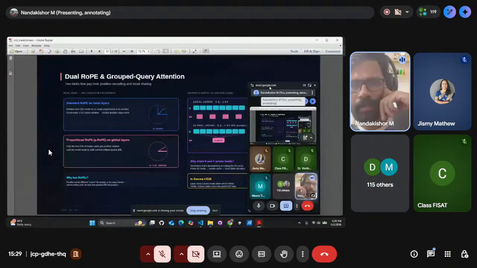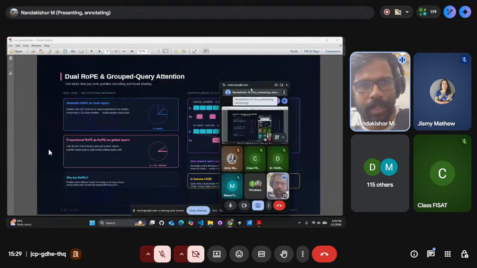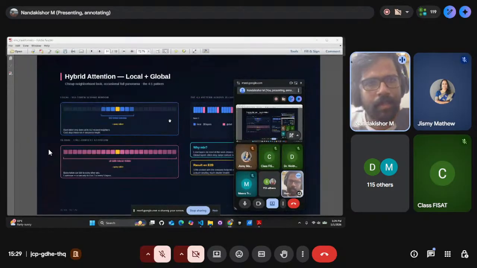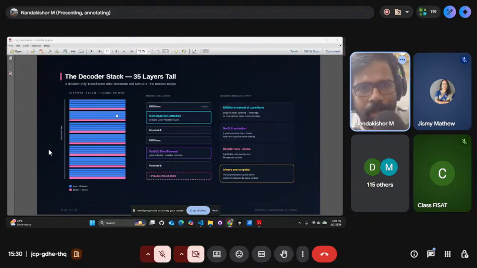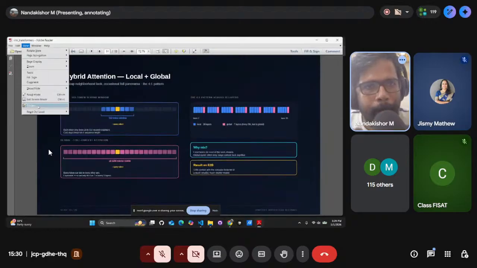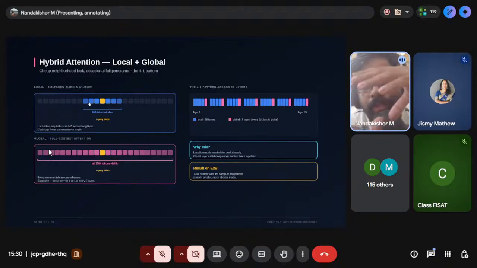That is group query attention, or the GQA. We need to understand global and local attention. So this is a hybrid attention and local attention mechanism. Local attention only looks at nearby tokens.